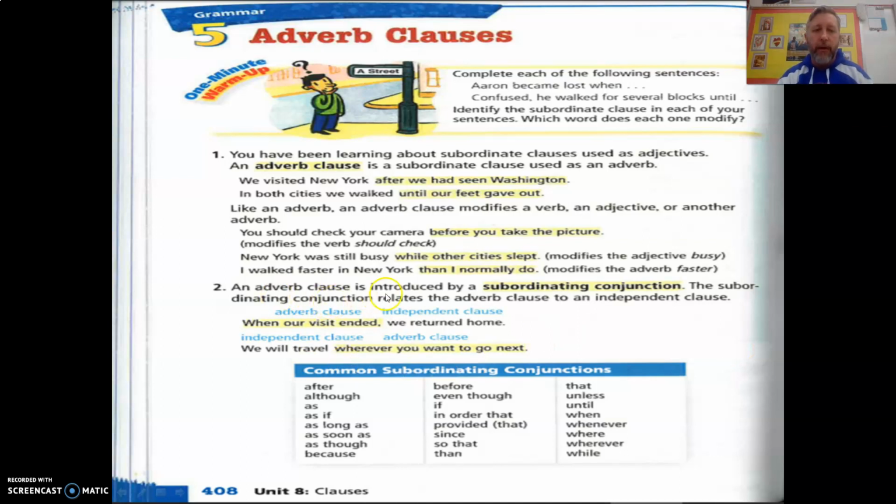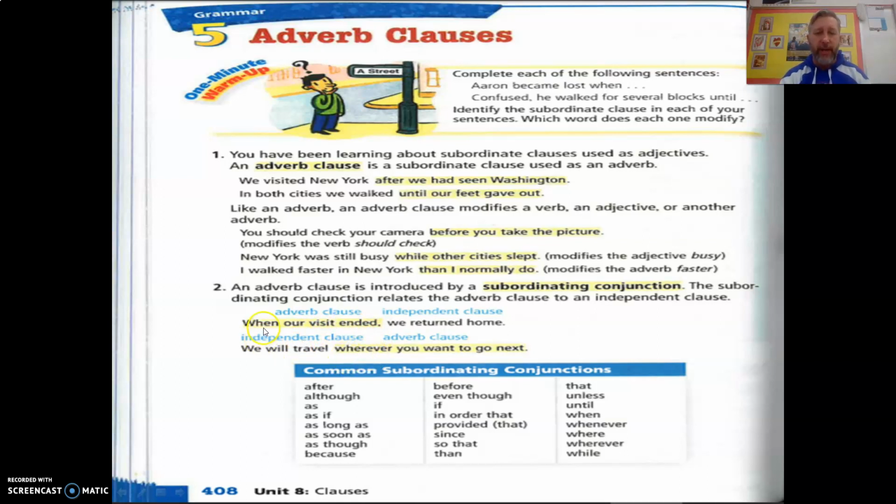Number 2, an adverb clause is introduced by a subordinating conjunction, as I just mentioned. And it relates the adverb clause to an independent clause. So: when our visit ended, we returned home. We will travel wherever you want to go next. Although adverb clauses can't stand alone as their own individual sentences, they're not independent clauses, the conjunctions can relate them to an independent clause.